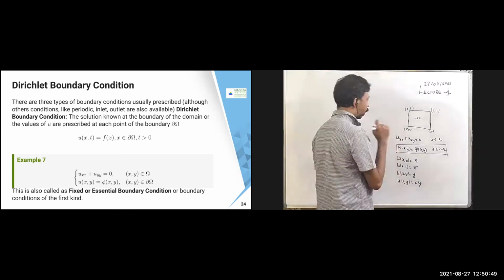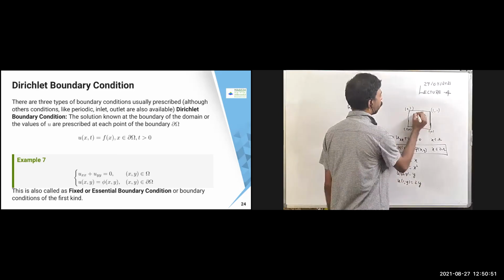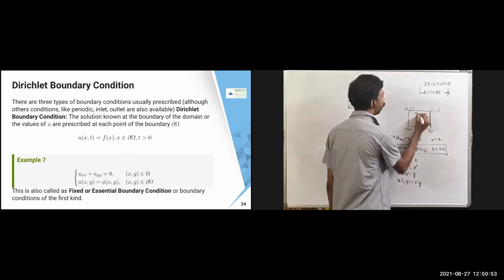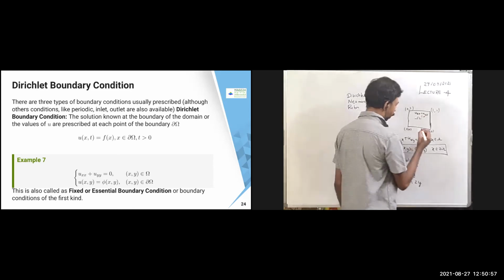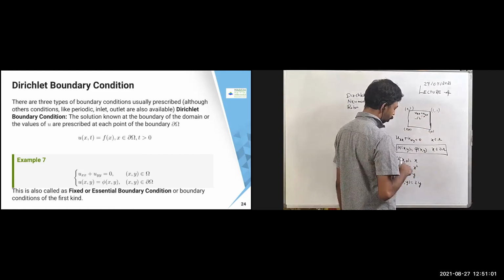If I write this in a pictorial representation, I would write it this way. This is x equal to 0, this is y equal to 0, right?